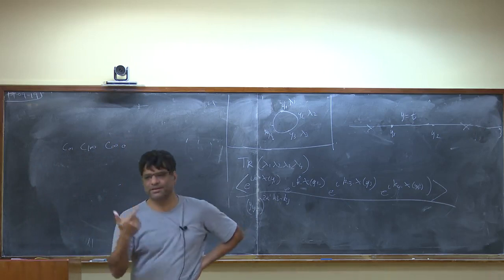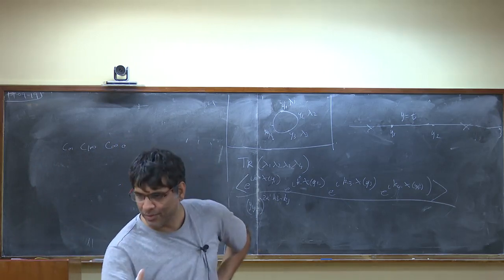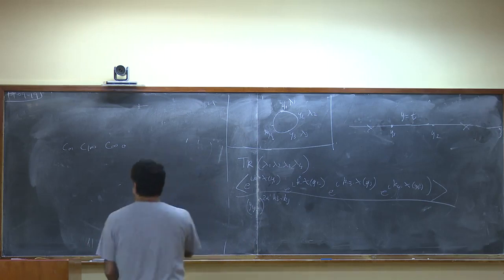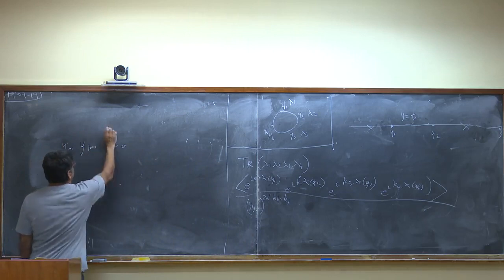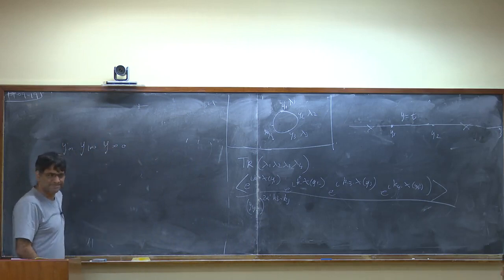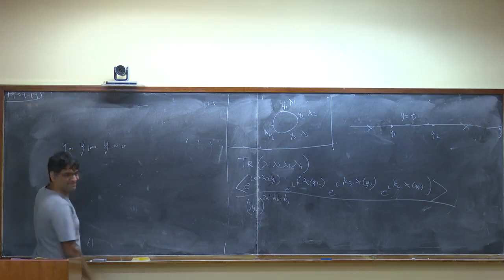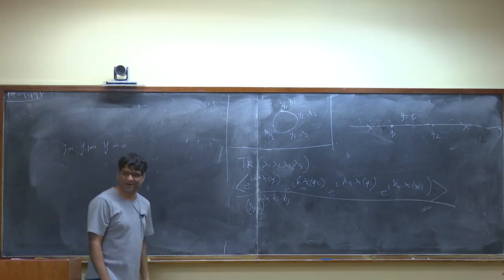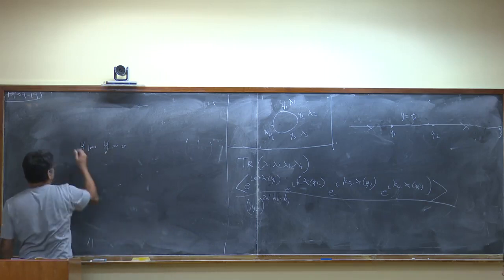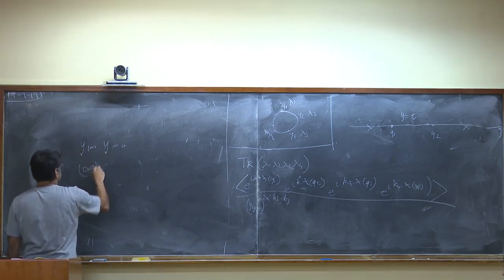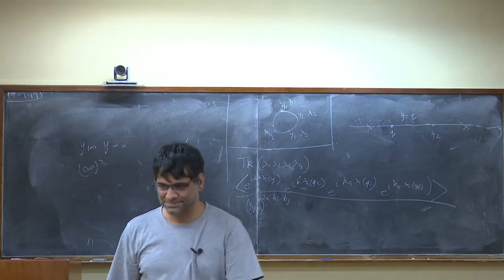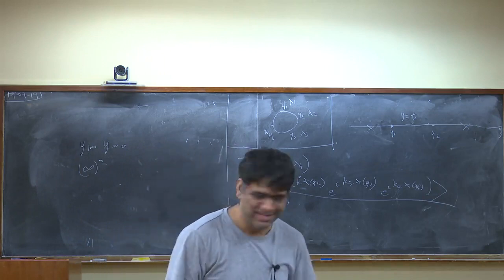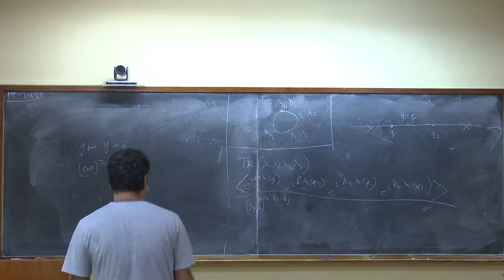So y01, y1 infinity, and y infinity 0, the three differences. This guy is 1, because it's 0 minus 1 or 1 minus 0, whatever, some sign. And this guy is basically infinity squared up to a sign. Of course, we'll regulate infinity in the usual way to give that meaning.